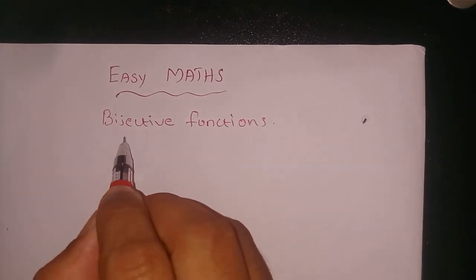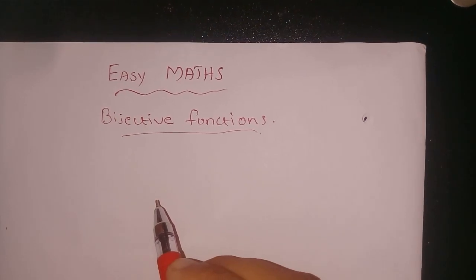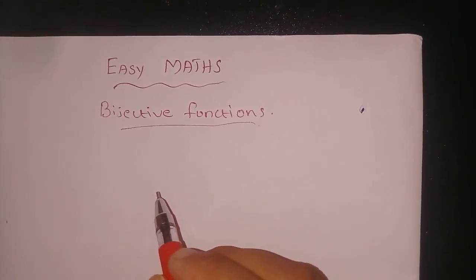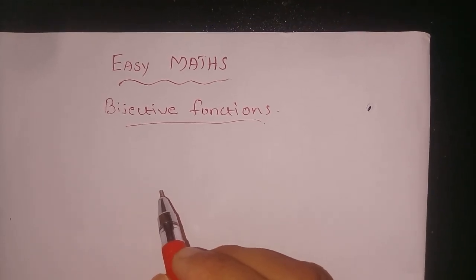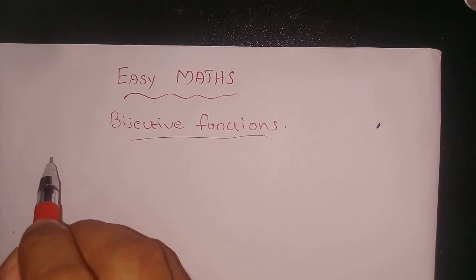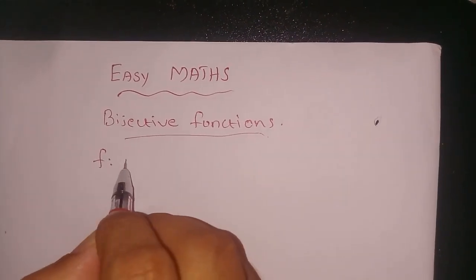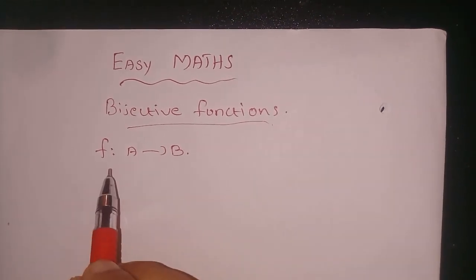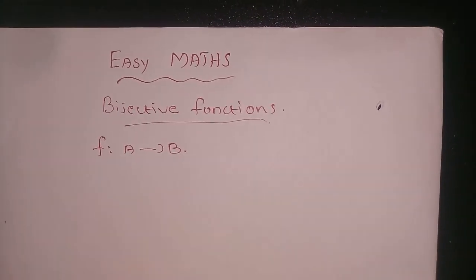In the last two videos we discussed one-one functions and onto functions. So now we know what a one-one function and an onto function are. Suppose f is a function from A to B. When can we call f a bijective function?